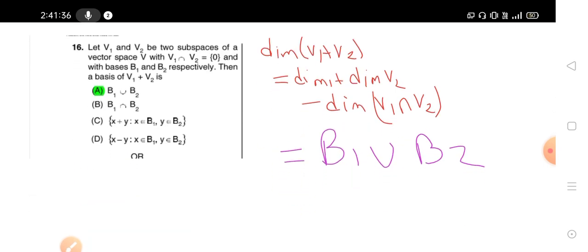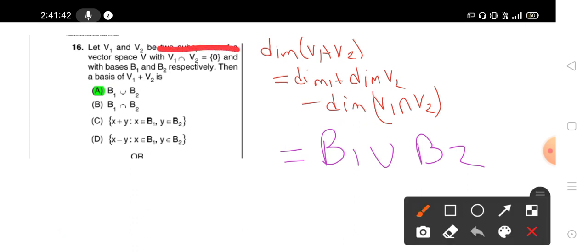Let V1 and V2 be two subspaces of a vector space V with V1 intersection V2 equal to 0. Here given V1 intersection V2 equal to 0 and bases of V1 and V2 respectively. Then find a basis of V1 plus V2. What is the formula?